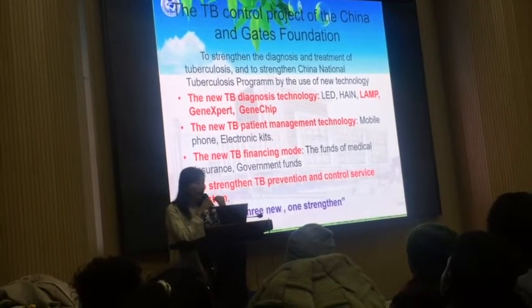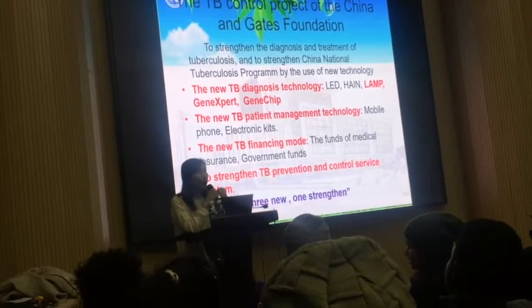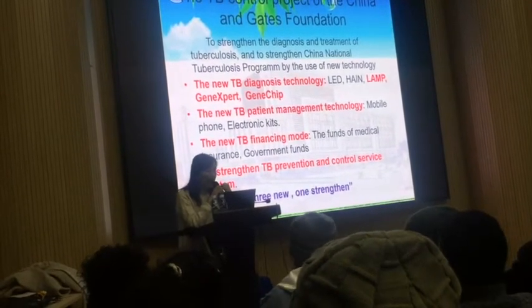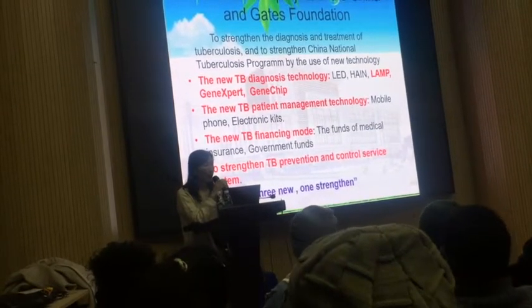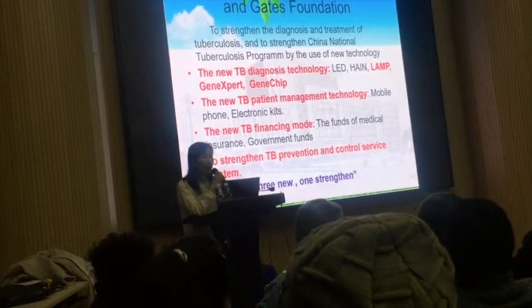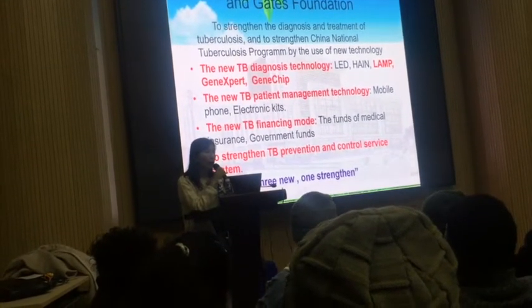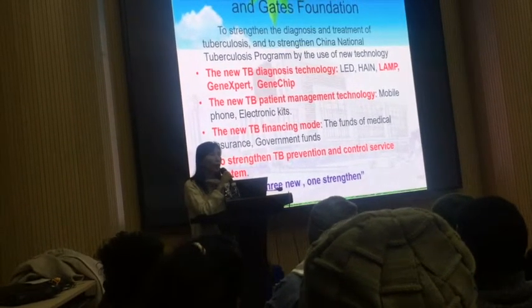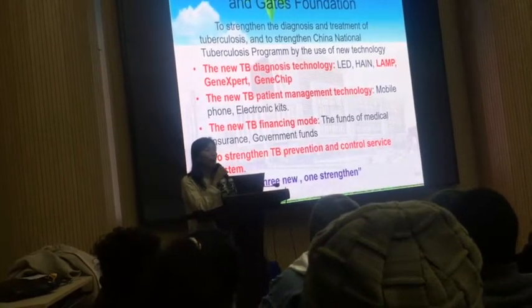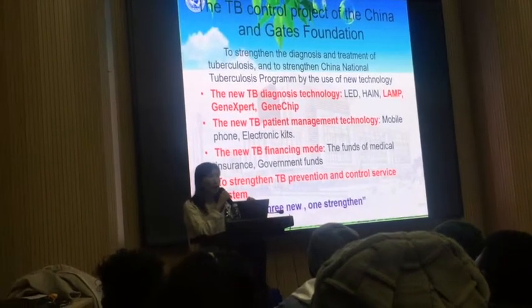This project was to strengthen the diagnosis and treatment of tuberculosis, and to strengthen China's national tuberculosis program by the use of new technology. Even though the project has ended, the new technology is used in our province, even at the county level.